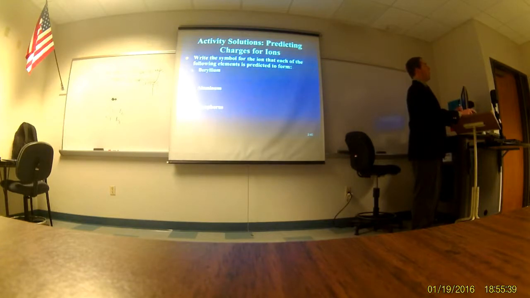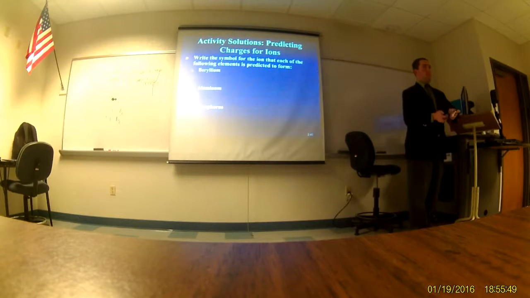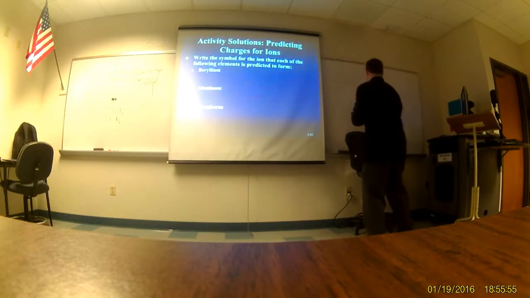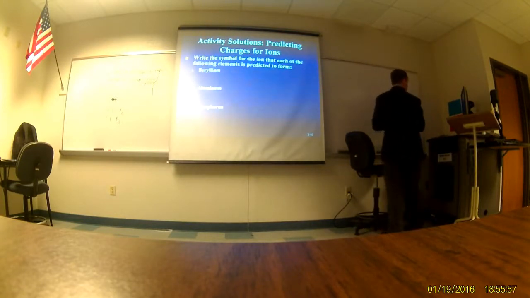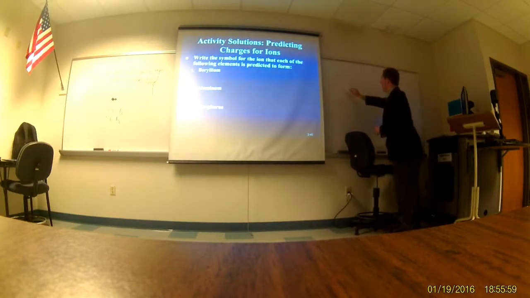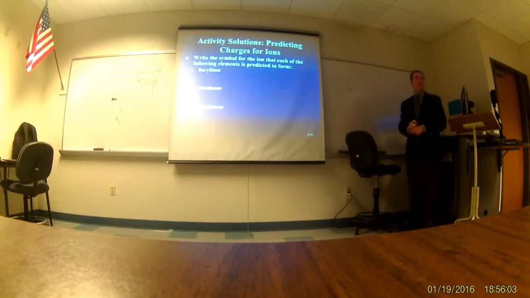So if we're going to look at beryllium, beryllium is right here. What charge do you think a beryllium ion is going to have? 2 plus. We said everything in this group has a 2 plus charge. So the beryllium ion is just going to be Be 2 plus.